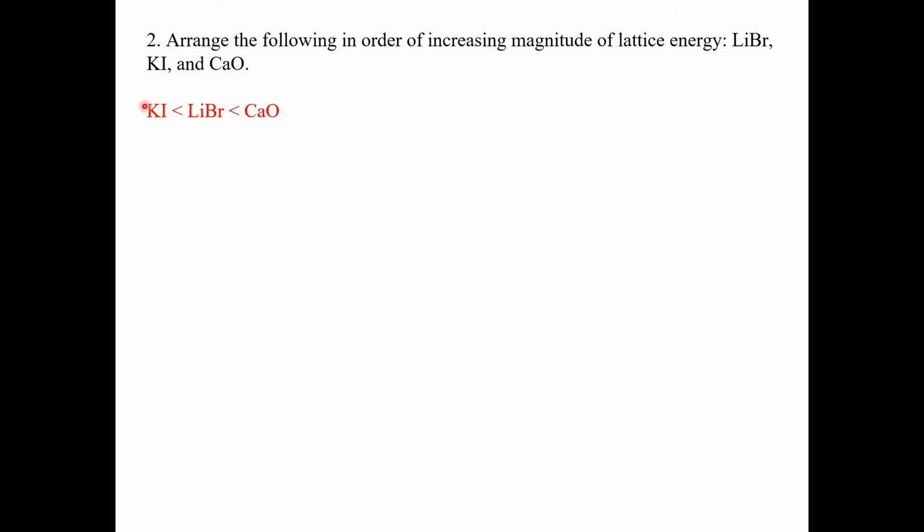Now, taking a look at KI and LiBr, when you look at the periodic table, you'll see that K is lower in the column compared to Li, and also I is lower in the halogen column compared to Br. So in terms of size or radius, KI would be the larger between the two. So here in our arrangement, it's the one that's going to have the smallest magnitude of lattice energy.